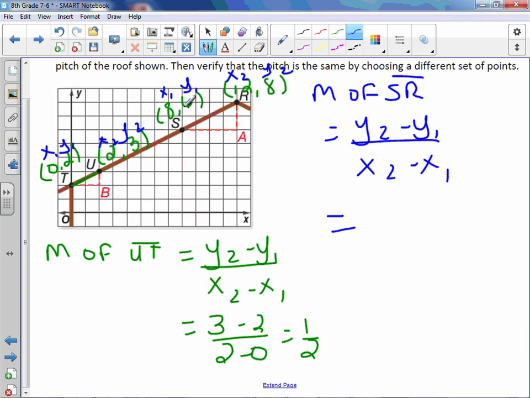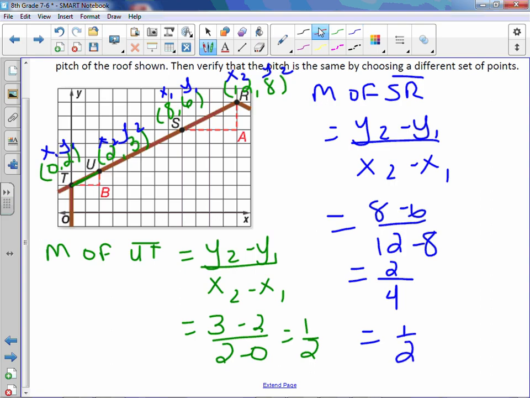We have 8 minus 6 over 12 minus 8. 8 minus 6 is 2. 12 minus 8 is 4. Simplify, and we get 1/2, which is the same as before. So finding the slope is the same thing as finding the rise over the run.